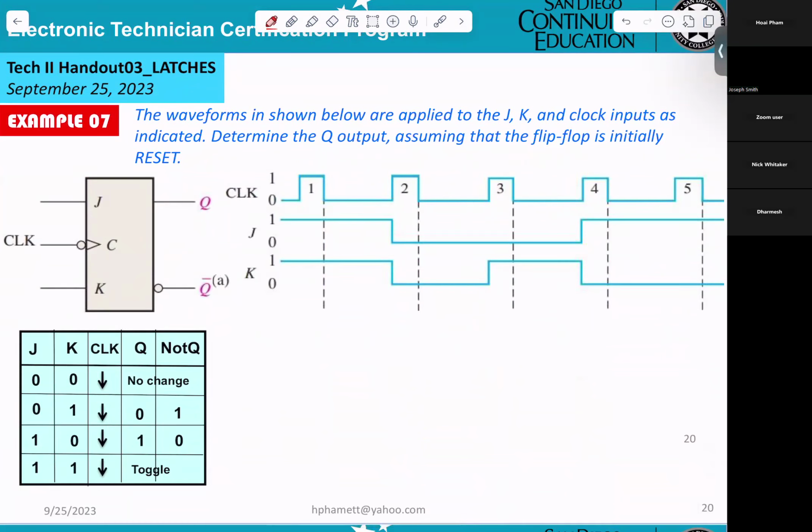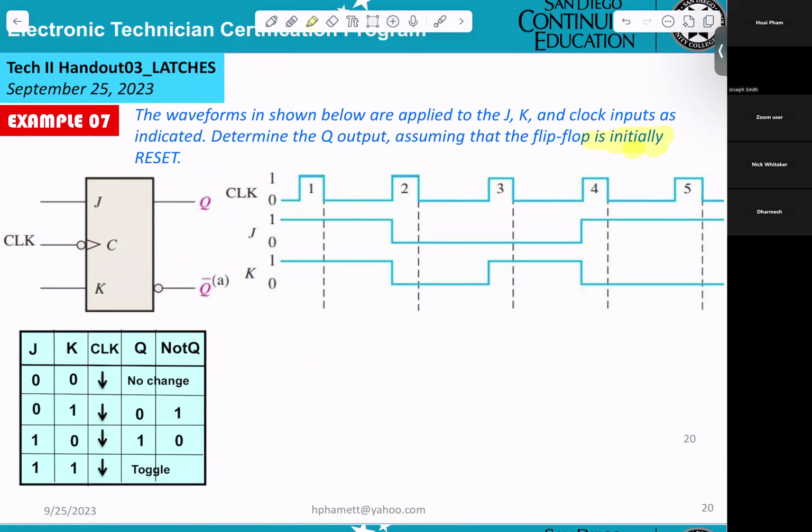And now for the JK. They've given you the clock, the J and K, and they want you to draw the output. Initially, the flip-flop is reset here.